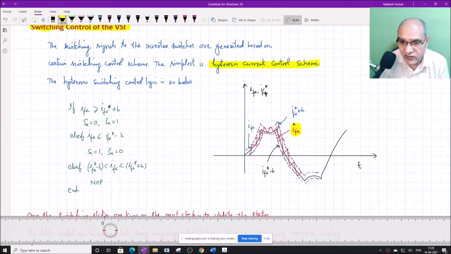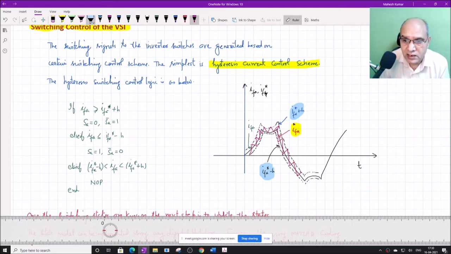Okay, so this IFA star is there. Over this IFA star, we form two bands: IFA star plus H, this one, and another band, IFA star minus H, this band. So the upper one is IFA star plus H, this is IFA star minus H, and the middle one is IFA star.